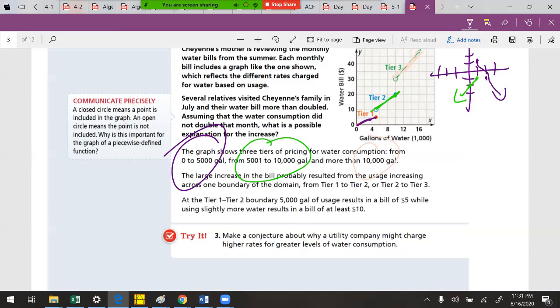The reason why it's more expensive is because they put you into different tiers. If you're using more energy, it's not a consistent rate of change, because after a certain tier, it actually bounces to a different price level. The more that you use, the more that you have to pay, not because you're using more, but because they put you in a different level.